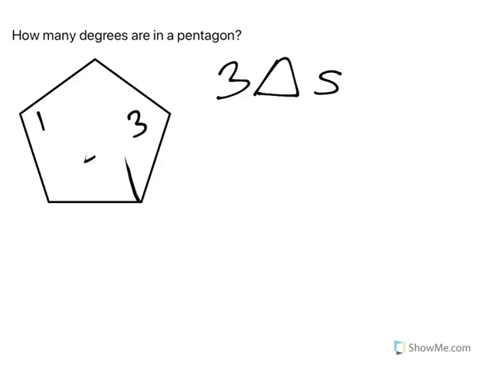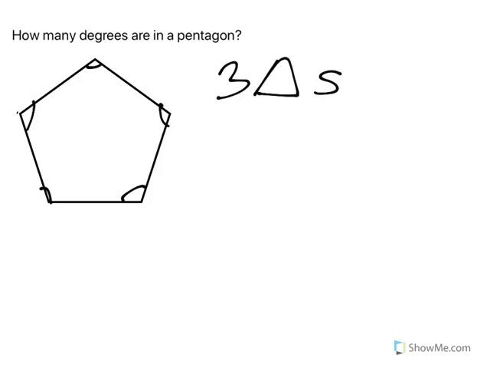What I mean by that is we don't want to see lines drawn where I have a line here, and then I have a line here, and then I have a line here, and we can see all these spots where things are intersecting. That's creating more angles, and that would cause our calculation to be invalid. We want to make sure that we only keep those initial 5 interior angles.